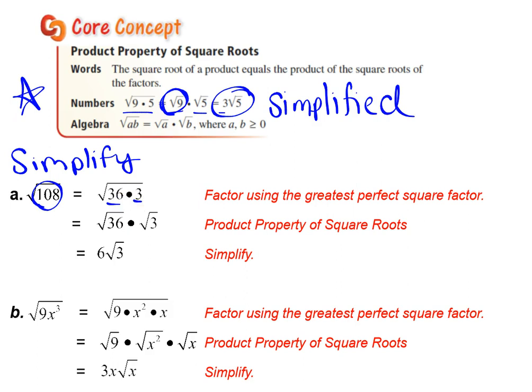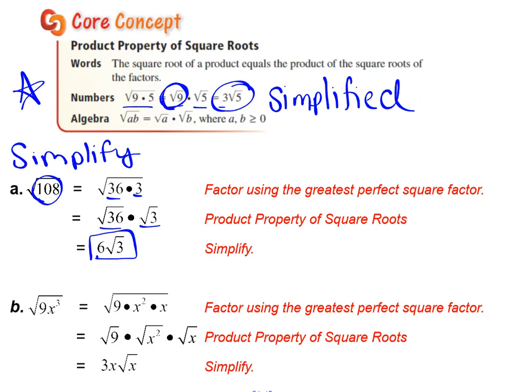So we split it up using the rule we just learned: the square root of 36 times the square root of 3, using the product property. The square root of 36 is 6, and the square root of 3 is not a whole number, so we leave it. The answer is 6 times the square root of 3.